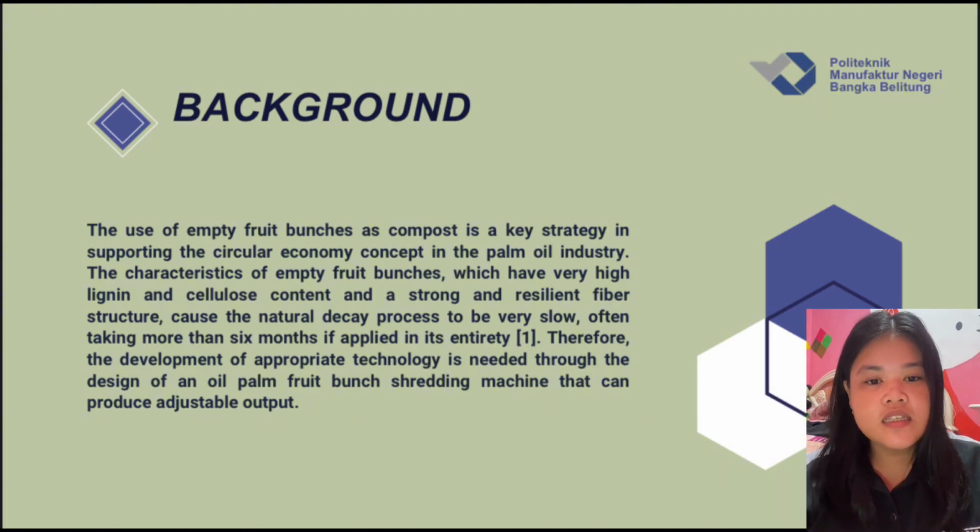The characteristics of empty fruit bunches, which have very high lignin and cellulose content and a strong and resilient fiber structure, cause the natural decay process to be very slow, often taking more than 6 months if applied in its entirety. Therefore, the development of appropriate technology is needed through the design of an oil palm fruit bunch shredding machine that can produce adjustable output.